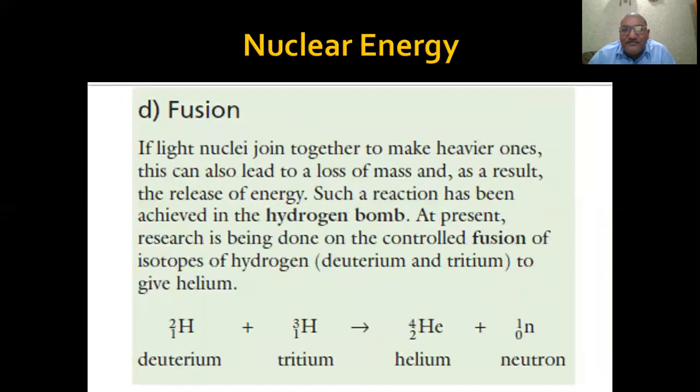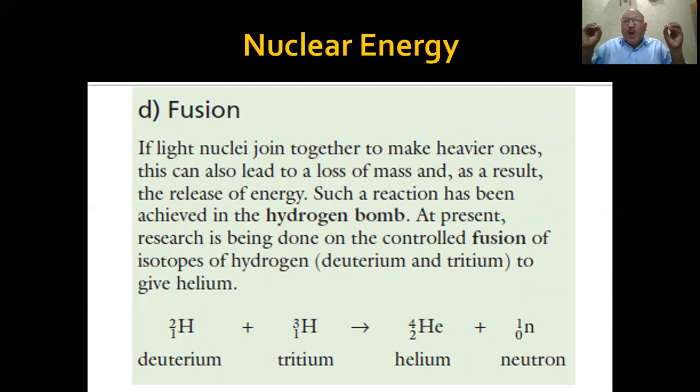critical mass. Okay, now we have another reaction that is called fusion. Fusion is opposite to fission. In fission, we have a large nucleus and it breaks and makes smaller nuclei. But in fusion, the opposite happens. What happens?